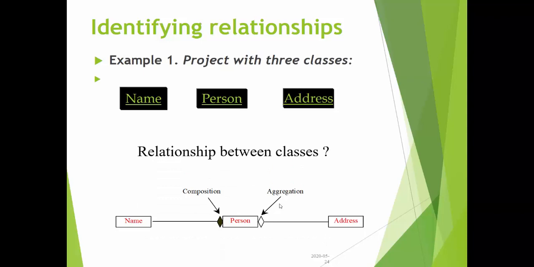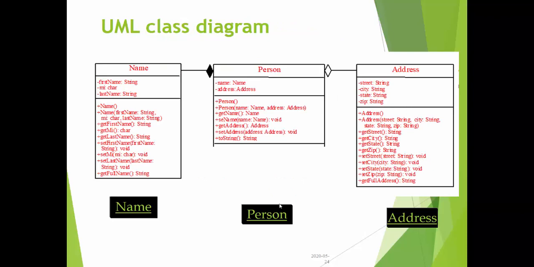So basically, the relationship between these classes is composition and aggregation, and we reflect this in the UML class diagram. So in this case, this is a full UML class diagram. Specifically, name is the class that describes name with three properties: first name, middle initials, last name, and a bunch of methods.